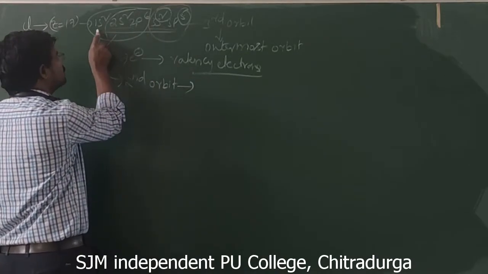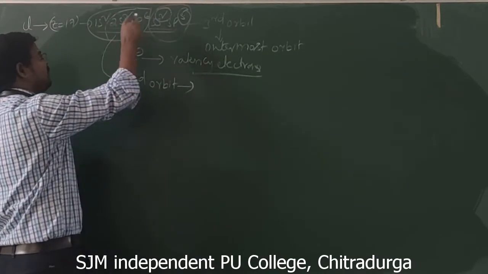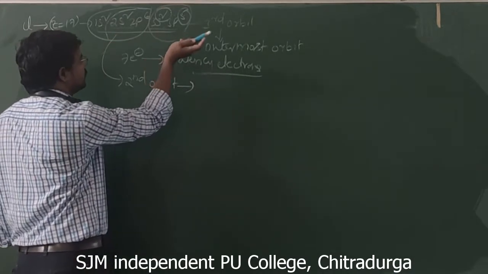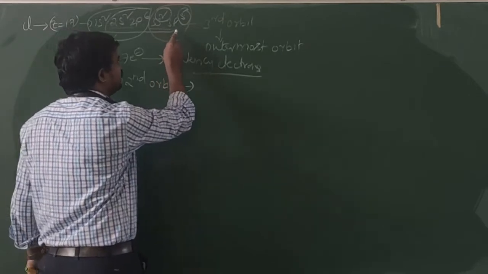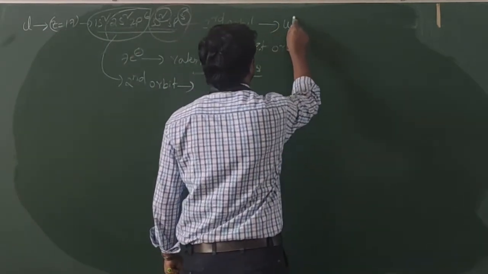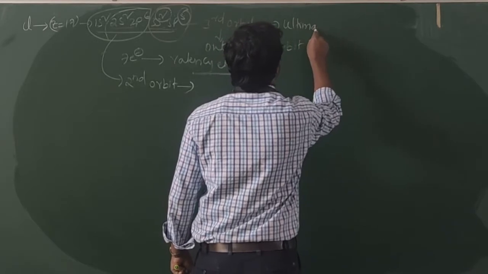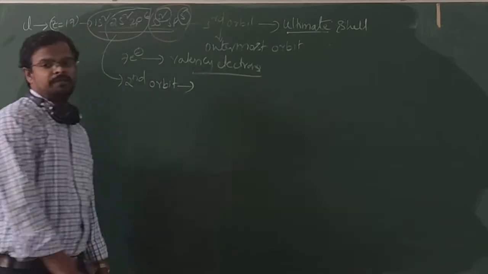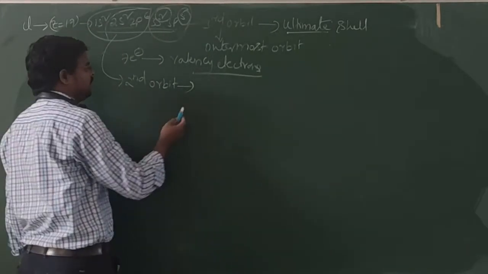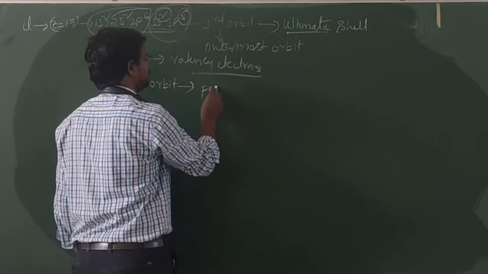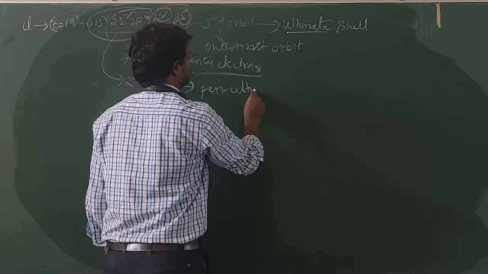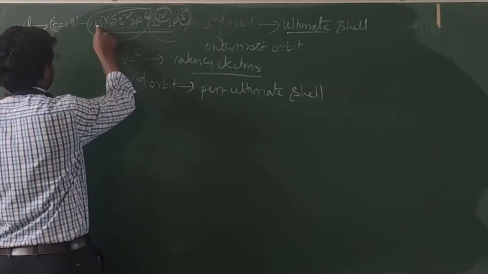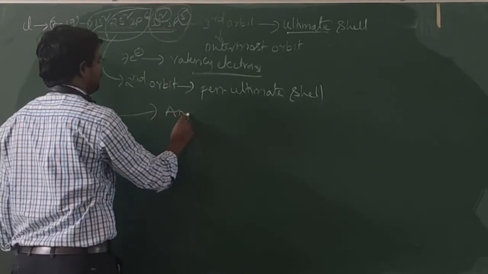If the third orbit is called the ultimate shell, then the second orbit is called the penultimate shell. Then the first orbit is called the anti-penultimate shell.